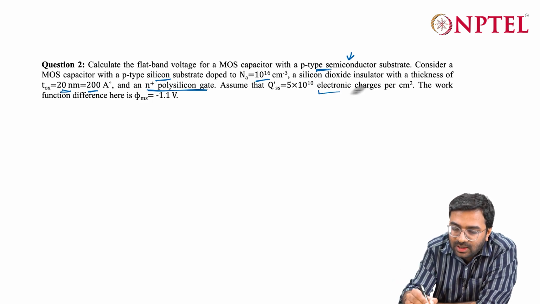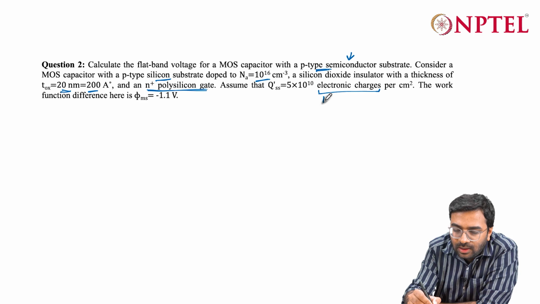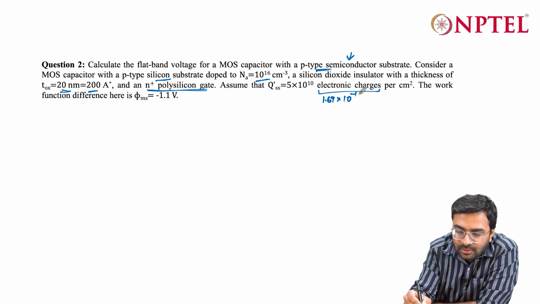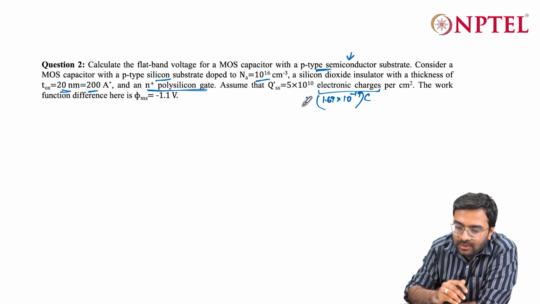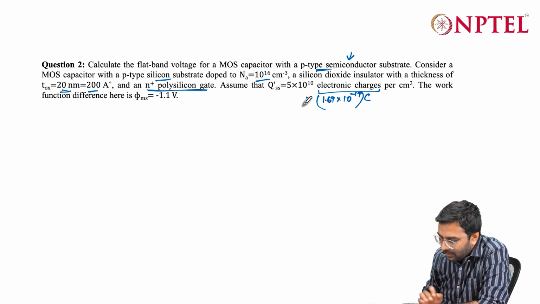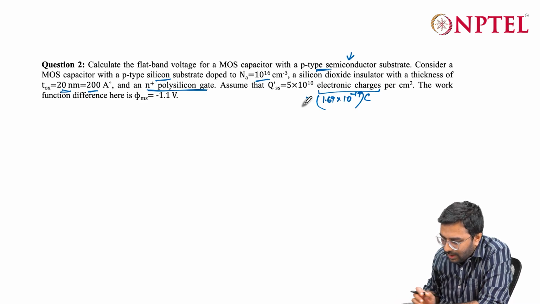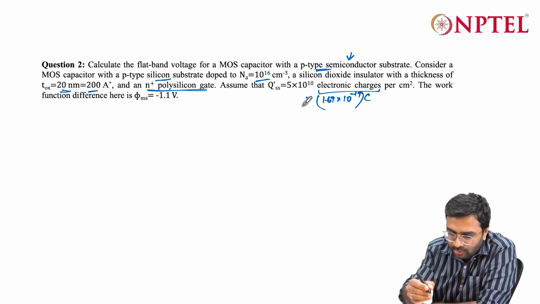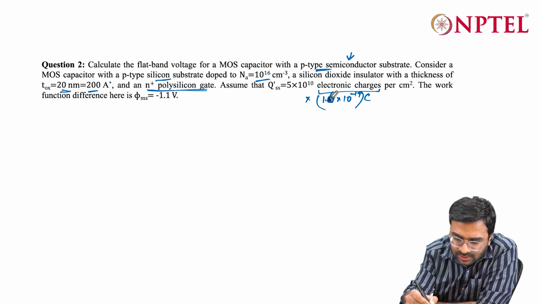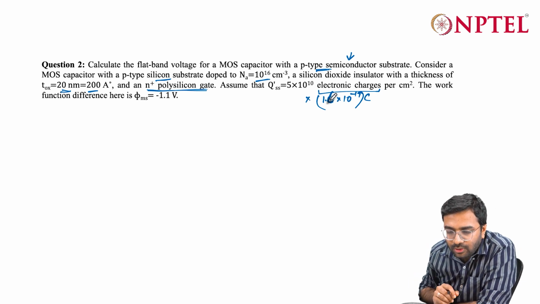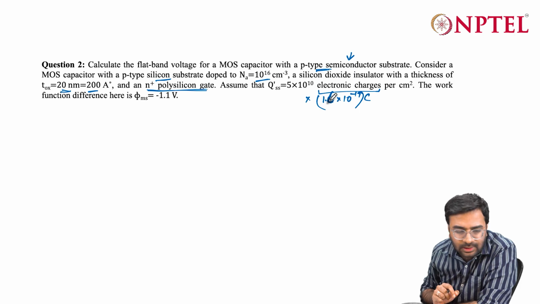So, electronic charge meaning it is 1.6 into 10 to the power minus 19 coulomb. So, we need to multiply this with this value, right. Then only we will get the value of QSS dash. You can consider 1.6 into 10 to the power minus 19, right.